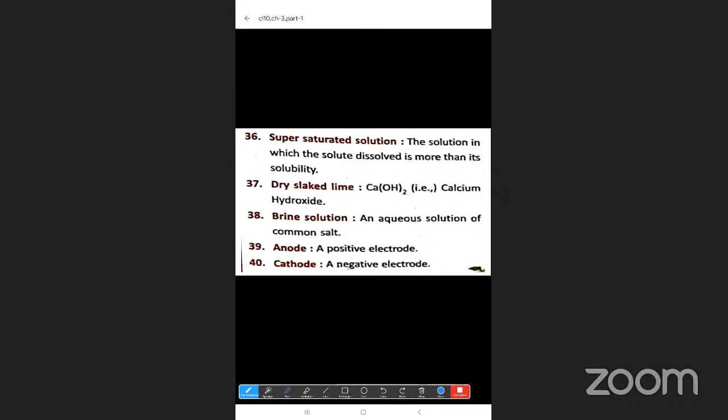And next one, supersaturated solution. A supersaturated solution means the solution in which the solute dissolved is more than its solubility. Then we can say that it is a supersaturated solution.